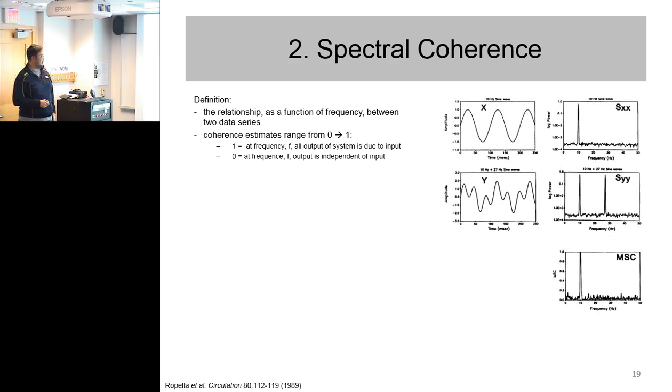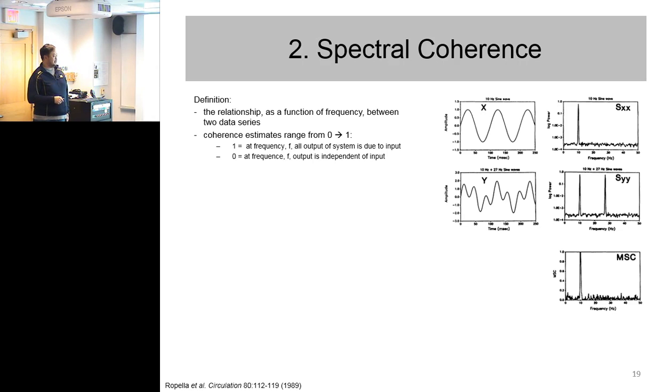This is a simplified example here, but if you have two sine waves, the first one, X, is a sine wave with a frequency of 10 hertz. The second wave is composed of two signals, one at 10 hertz and one at 27 hertz.